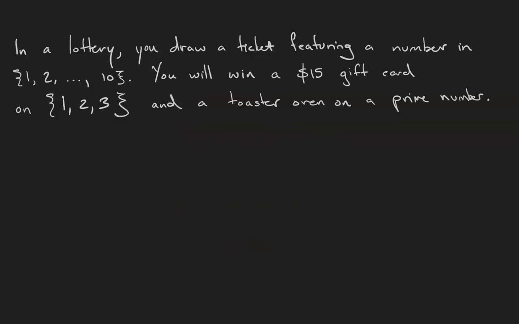Here's the idea. In some lottery, you draw a ticket featuring a number between 1 and 10. You will win a $15 gift card if your number is 1, 2, or 3, and you'll win a toaster oven in the event that your number is prime.